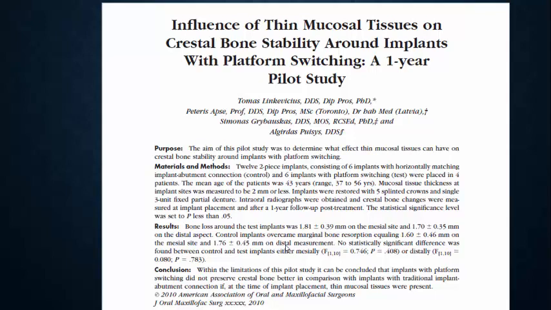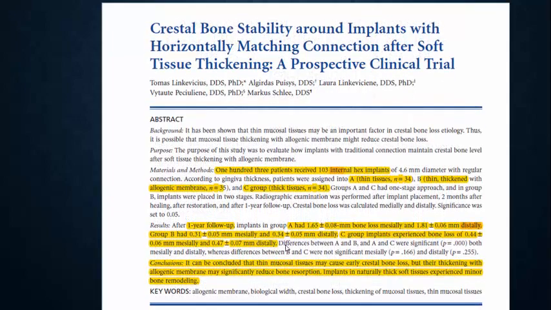So let's see another study. Now here they have three groups: thin biotype, thick biotype, and thin biotype, but they use alloderm or soft tissue graft to thicken the soft tissue. So after 1 year follow-up, group A, which is the thin biotype, they found there is 1.6 millimeter bone loss on the mesial and 1.8 distally after 1 year.